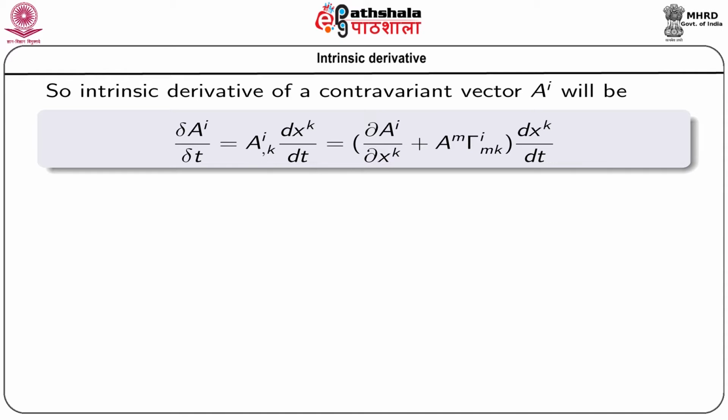And we know the expression of ai comma k is del ai by del xk plus am gamma i m k.